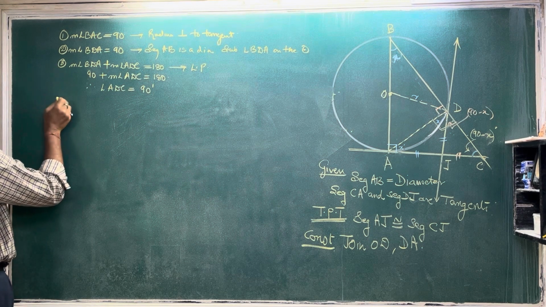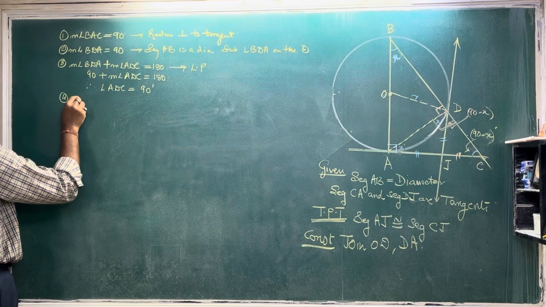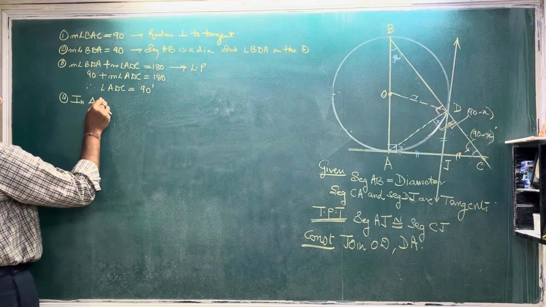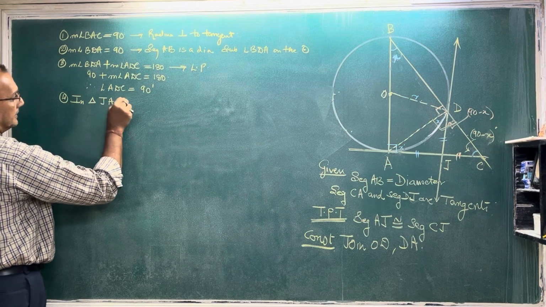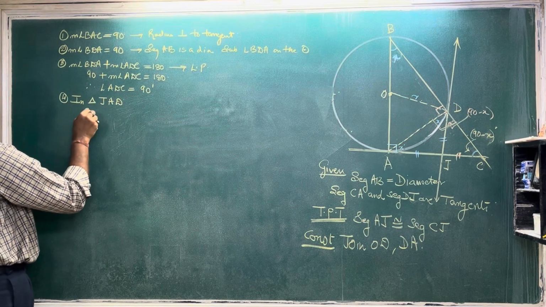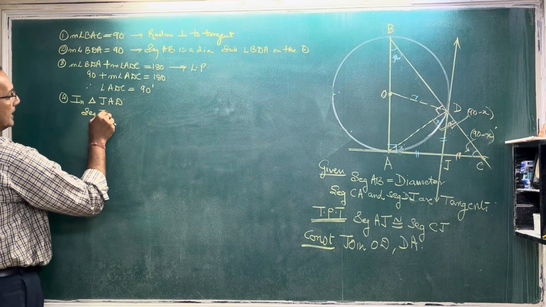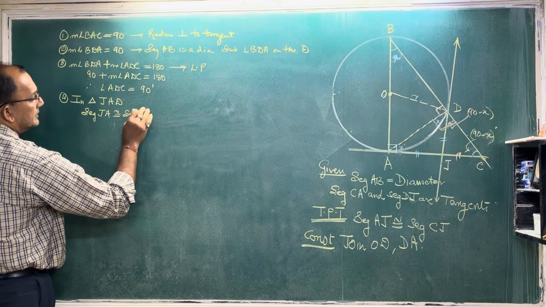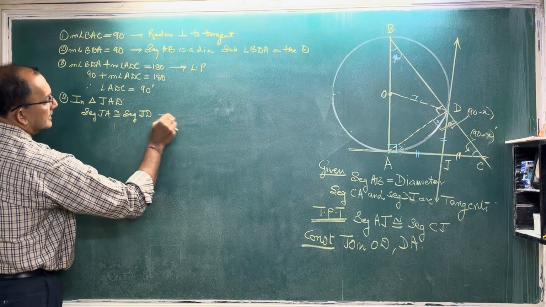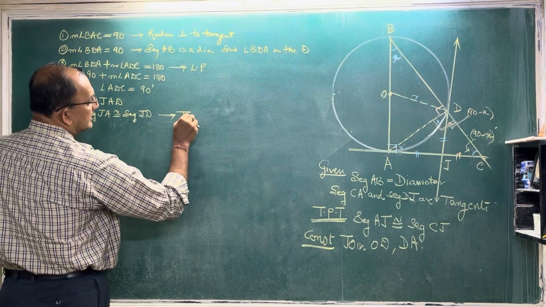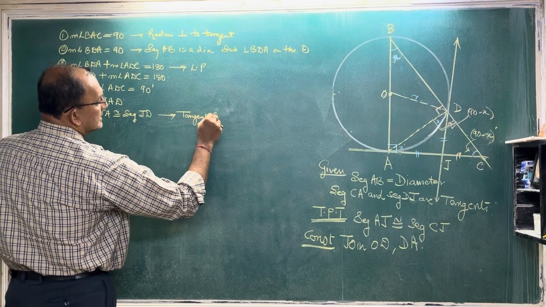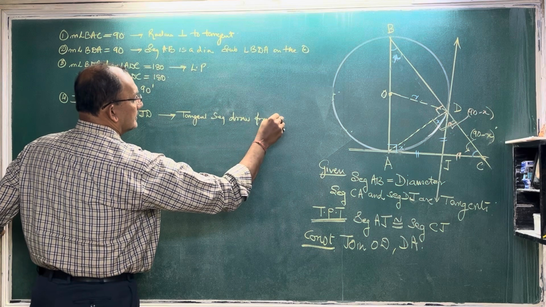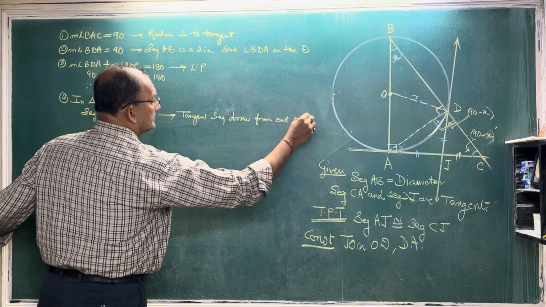Now, point number 4. In triangle JAD, Seg JA is congruent to Seg JD. These are tangent segments drawn from an external point.